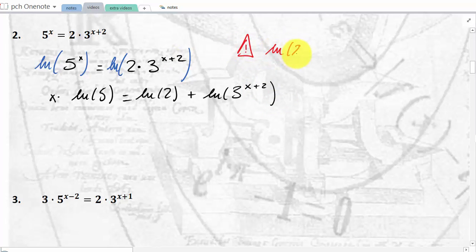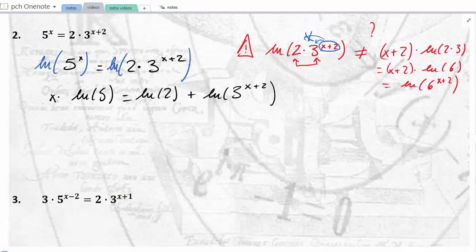Ln of 2 times 3 to the x plus 2 has nothing to do with x plus 2 times ln of 2 times 3. That wouldn't make any sense, because ln of 2 times 3 is ln 6, and so you would be saying that that's the same as x plus 2 times ln 6, which is the same thing as ln of 6 to the power of x plus 2.